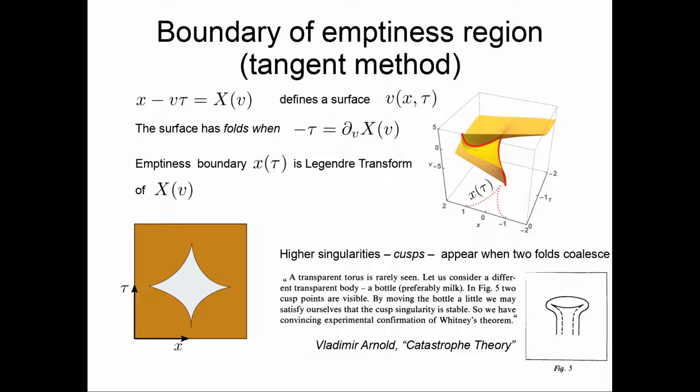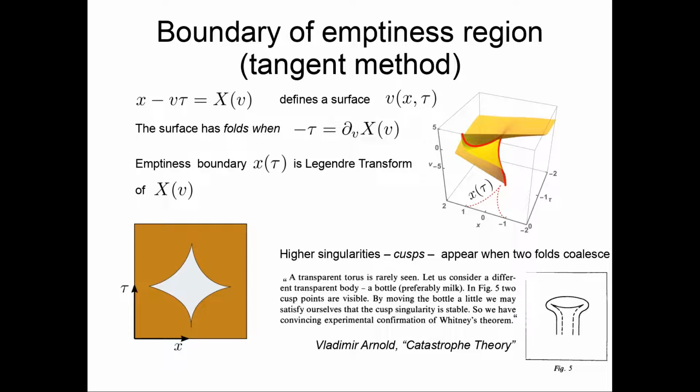And then you move it around. These 2 folds will coalesce and form a cusp, and the cusp has a universal power law described by some universal algebraic curve.